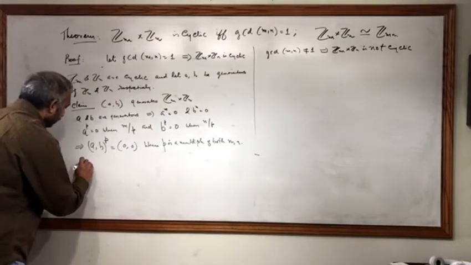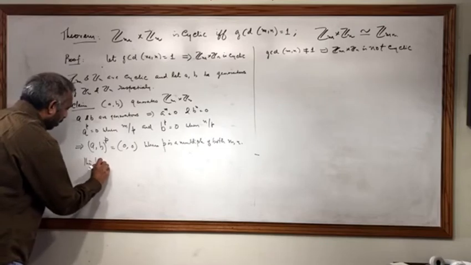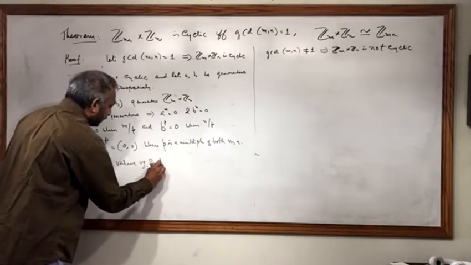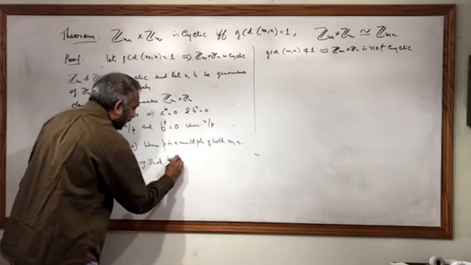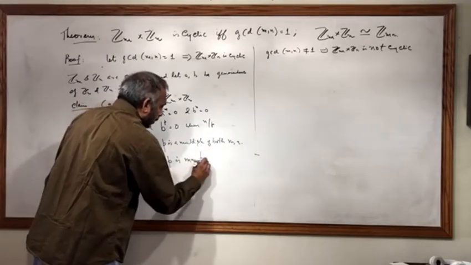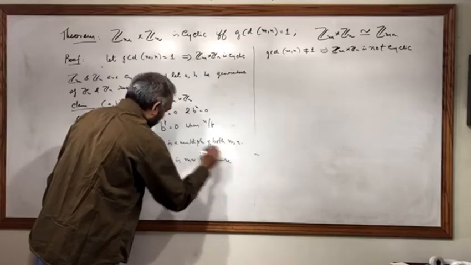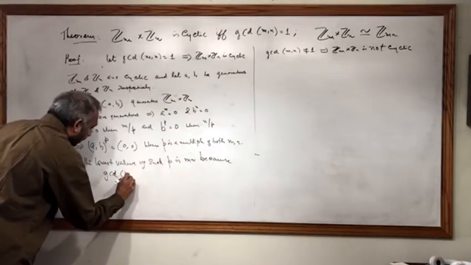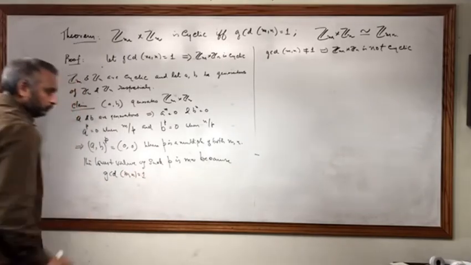And then the lowest value of such p is mn because GCD of m, n is equal to 1.